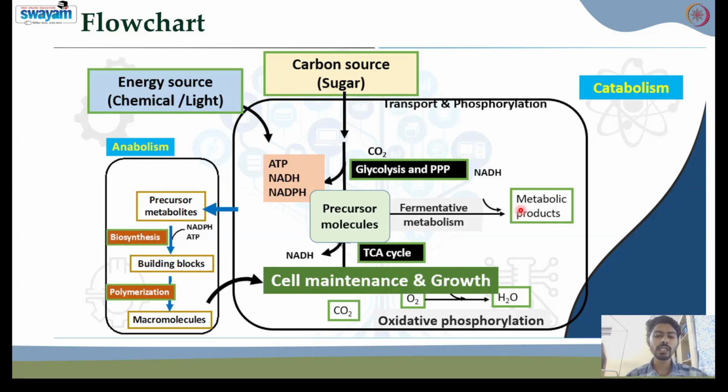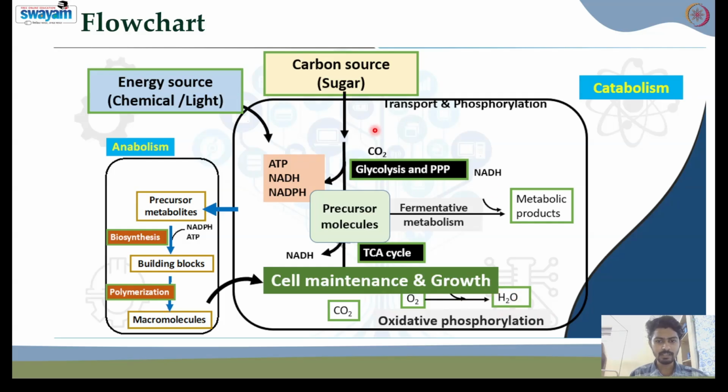If it is not going through fermentative metabolism, instead it is undergoing the TCA cycle, what happens? It will be converted into acetate, and that will undergo oxidative phosphorylation where oxygen will be used as an electron acceptor, and it will eventually form H2O.